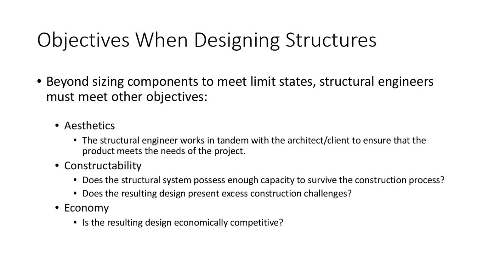You also have to ensure that the building is constructible. Many times, when you first start learning about structural engineering as a student, you tend to think about what the structure looks like when it's complete. But you also have to ensure that the structure can survive the construction process.